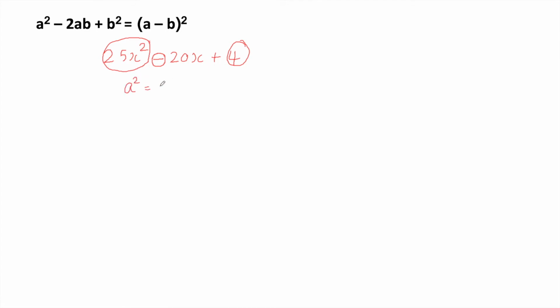Here a square is equal to 25x square. That means (5x) the whole square. Then a will be 5x. b square is equal to 4. That means 2 square. b is equal to 2. Check minus 2ab.